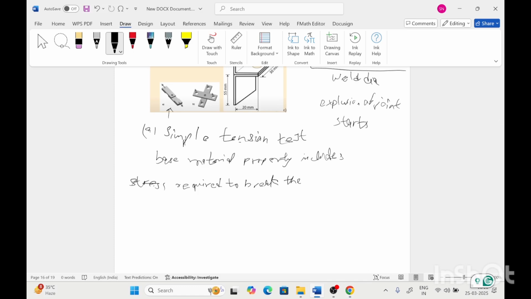So the simple tension test of the resistance spot welding is done to find the stress required to break the weld joint apart, and the maximum strength the weld interface can withstand.